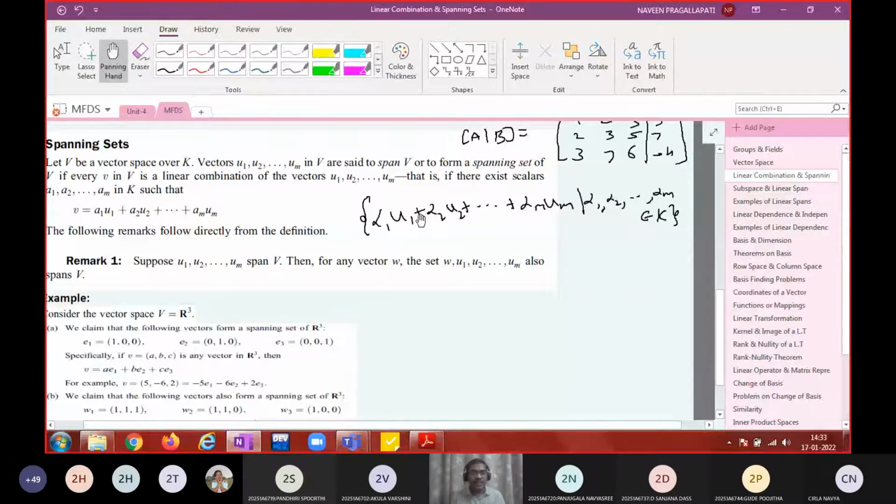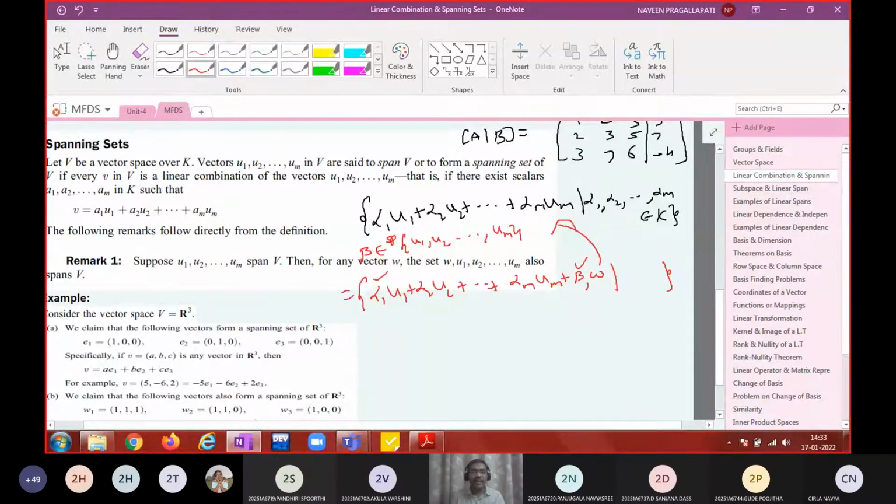That means the set spanned by this is the same as the set spanned by alpha 1 u1 plus alpha 2 u2 plus and so on plus alpha m um plus some beta 1 w, where beta 1, alpha 1 and so on alpha m are the elements of the field, because this w is actually coming from this one only. I said w is an element spanned by the set of vectors u1, u2 and so on um.